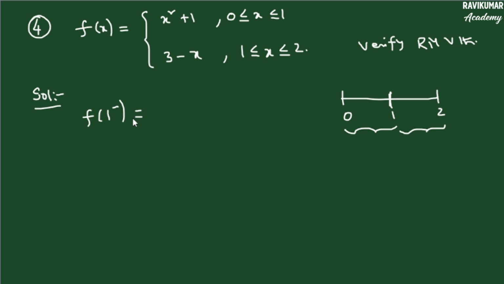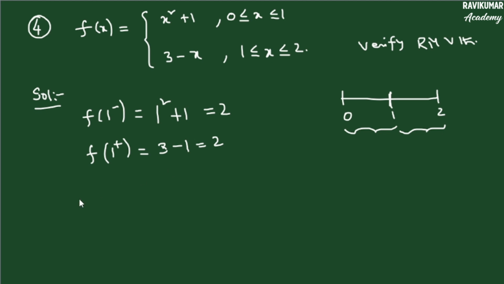Whenever to the left hand side of 1, you have to take this function. So 1 square plus 1, it is 2. To the right side of 1, it is 1 plus, it is 3 minus x we should consider whenever we are dealing on the right hand side of 1. It is 3 minus 1, it is 2. So there is no problem with continuity.